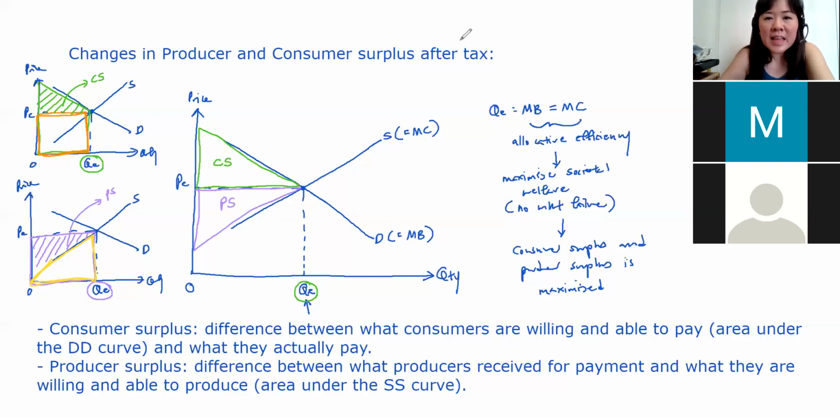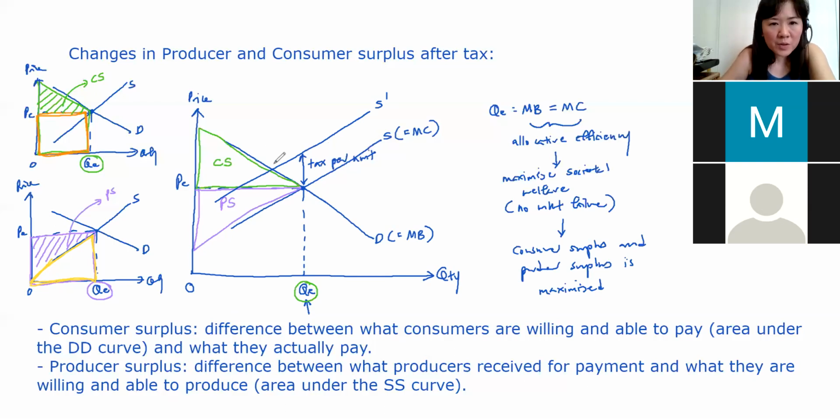Now let's look at the imposition of a tax. We have shifted the supply curve leftwards from S to S1, assuming this is a specific tax, a tax per unit of the good.